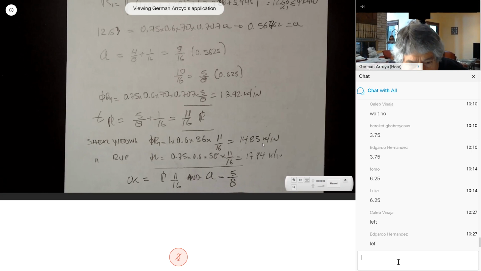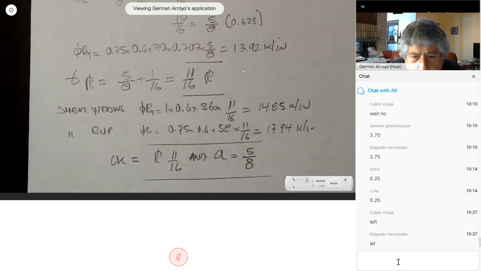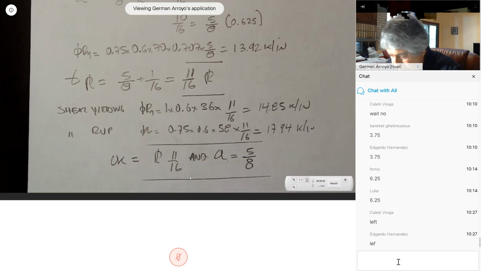Shear rupture 0.75 times 0.6 Fu times 11/16 gives 1794 kip/inch. Compare 13.92, 14.85, 17.94. The weld is still controlling. So the answer is the plate is 11/16, the size of the weld 5/8.